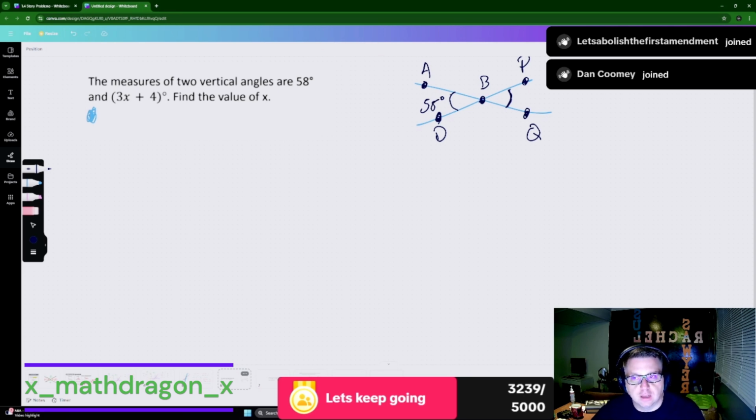And then it tells us the other one, 3x plus 4. So what I'm going to start with is I'm going to start with angle A, B, D. And if I highlight that, I start at A to B to D. That is going to be equal to P to B to Q.